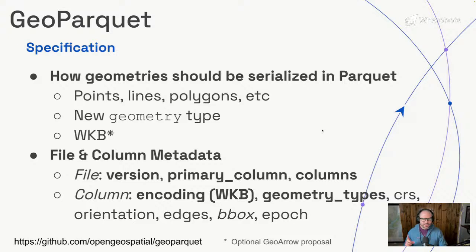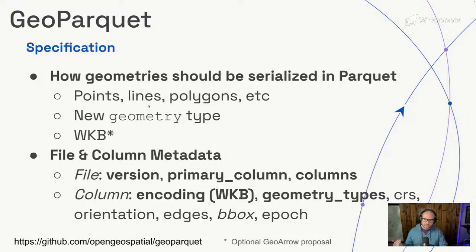The first concept is specifying how we should serialize geometry, so vector data in Parquet, things like points, lines, polygons. The specification introduces a new geometry type and says that geometry data should be serialized using well-known binary. There is also a proposal for a GeoArrow serialization that did not make it into the 1.0 version of the specification, but I think that will show up pretty soon.